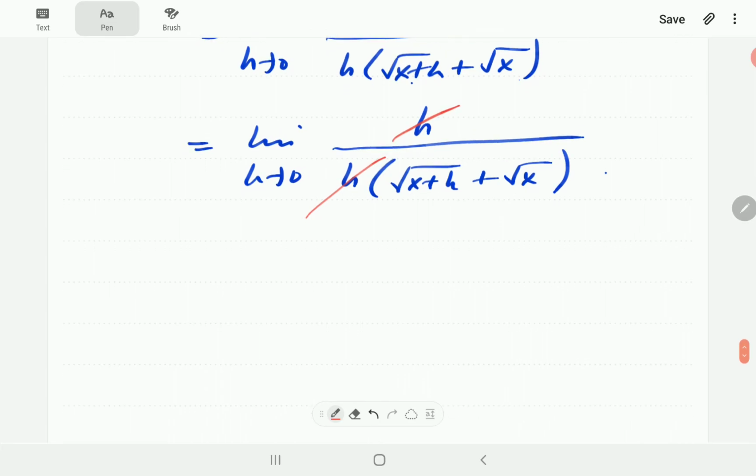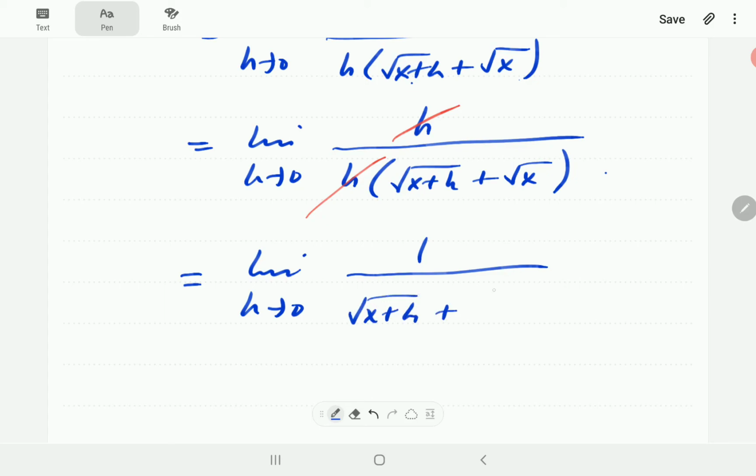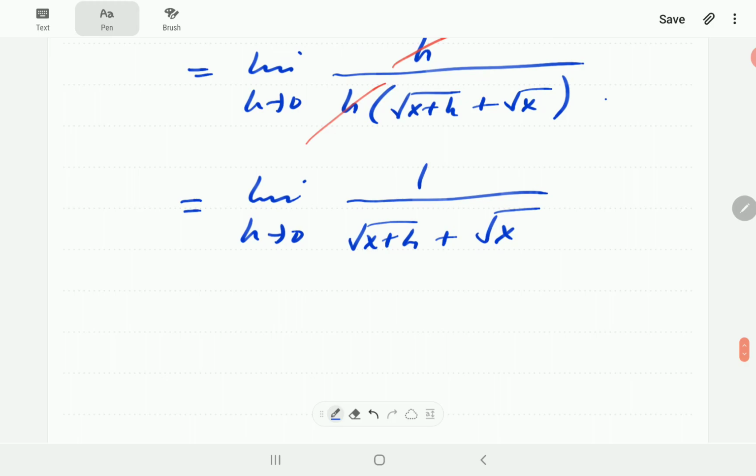So we cancel out h, and we are now going to have the limit as h goes to 0 of 1 over square root of x plus h, plus square root of x. Once we have cancelled out the common factor of h, we plug in h equals 0.